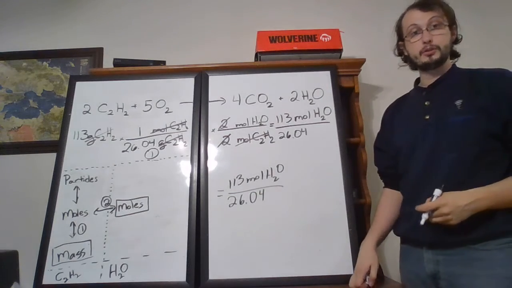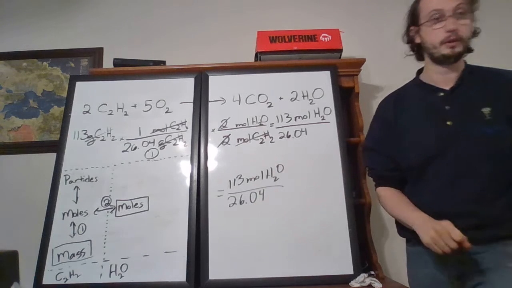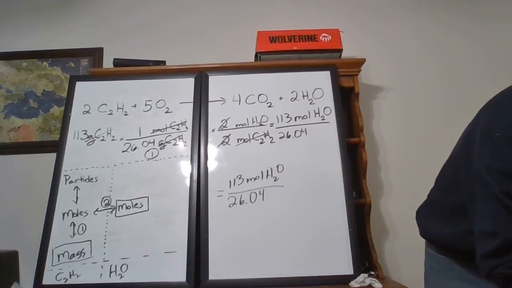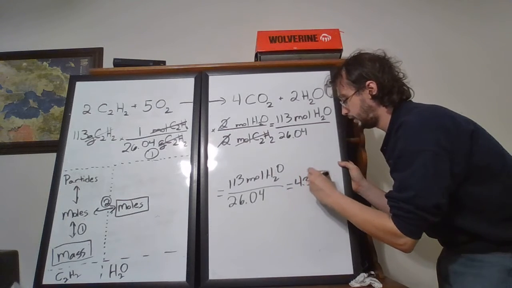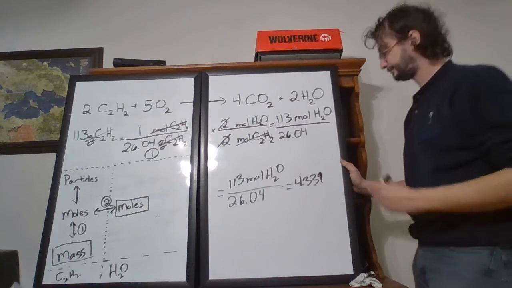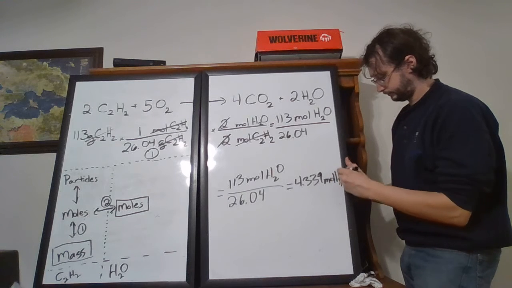So we can take those numbers and plug them into our calculators. It's a simple division problem. 113 divided by 26.04. And we get 4.339, let's call it quits there, moles of water.